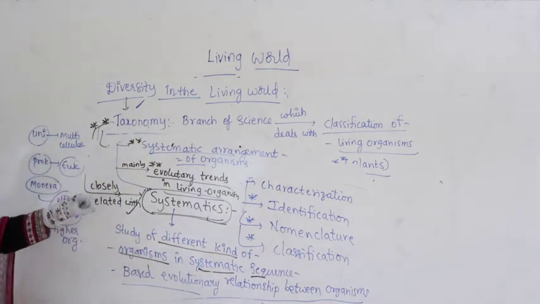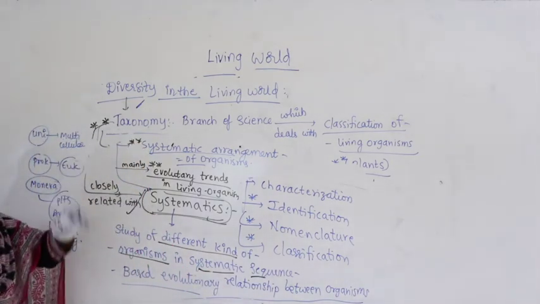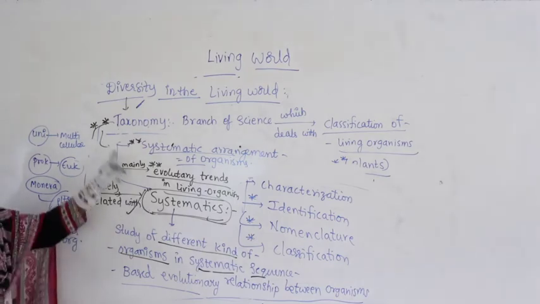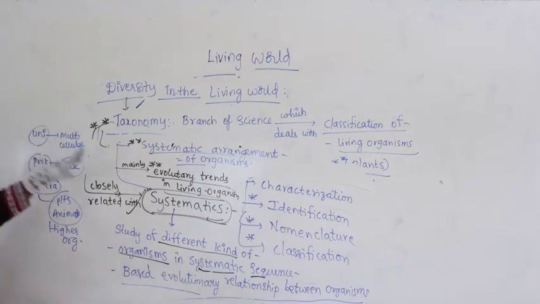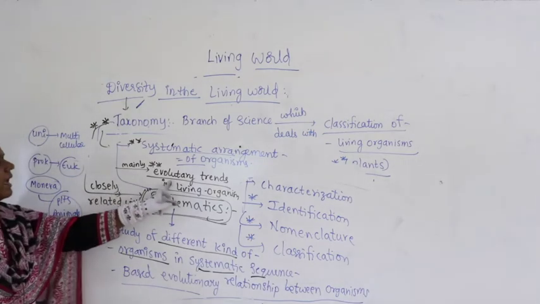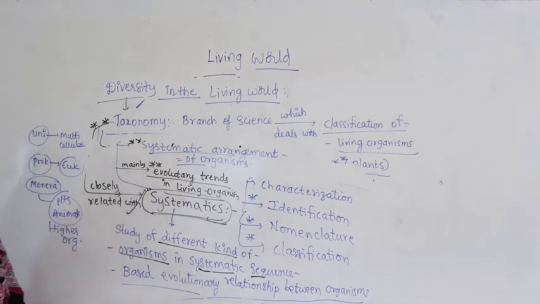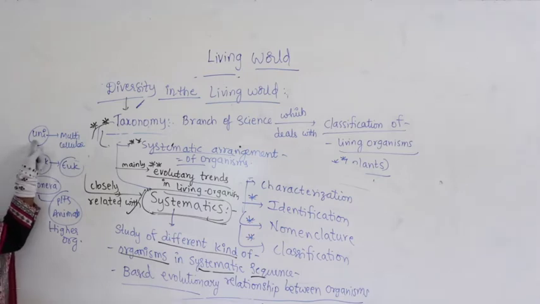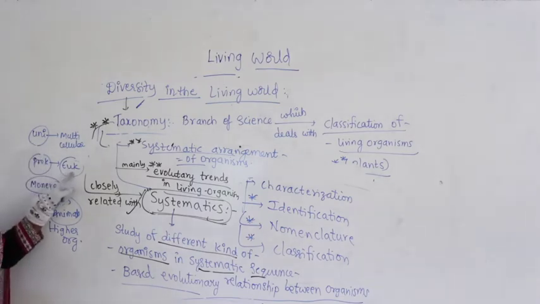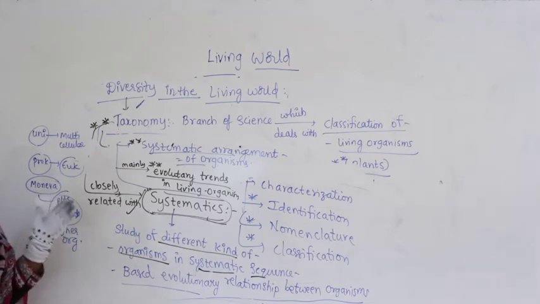In short, it can also be defined as a systematic arrangement of organisms in a sequence, and it also speaks about evolutionary trends in living organisms. What is the meaning of evolutionary trends here? Development of multicellular organisms from unicellular organisms, development of eukaryotes from prokaryotic organisms, formation of higher organisms from lower organisms. What monera is, we are going to study in the next concept.